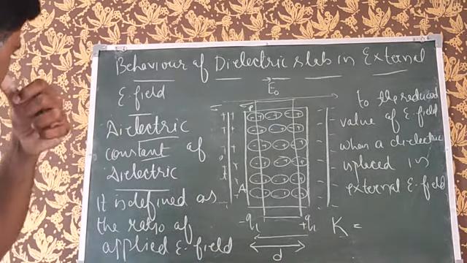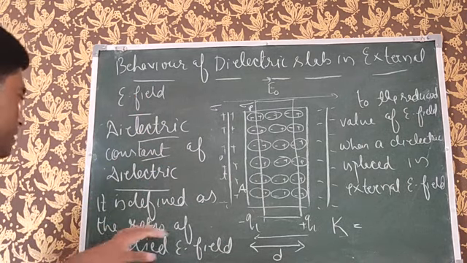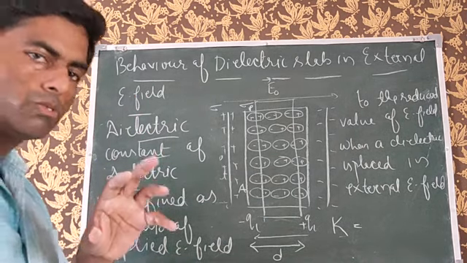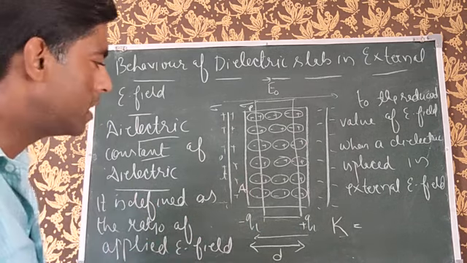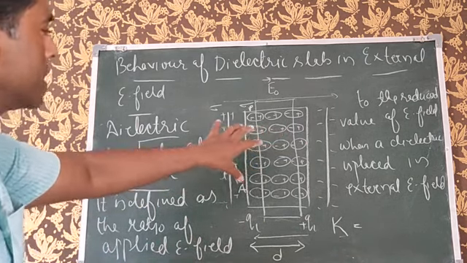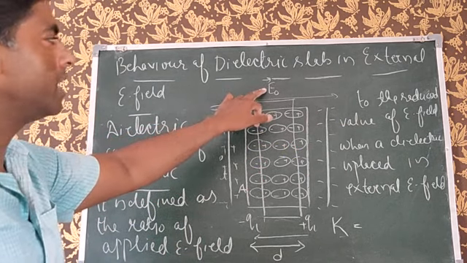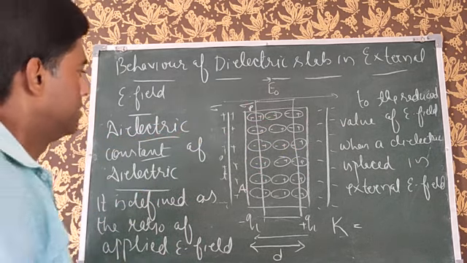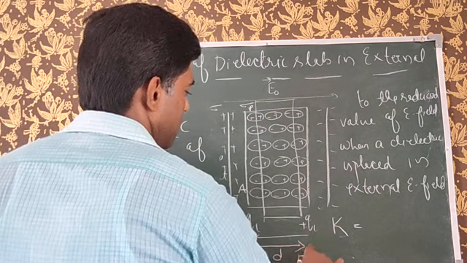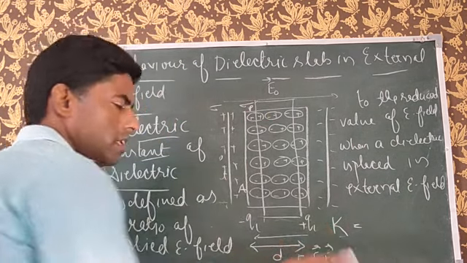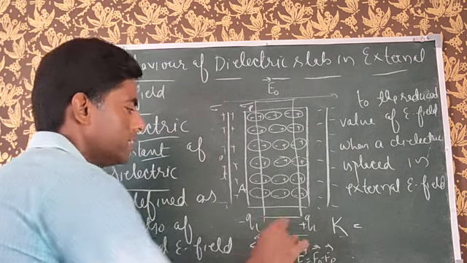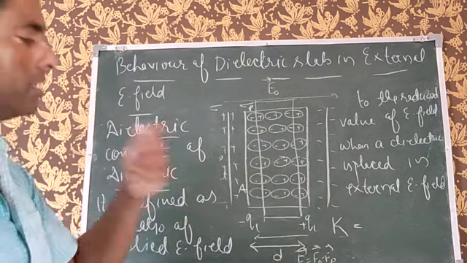So the dielectric constant of a dielectric is defined as the ratio of two quantities. Which two quantities? Applied electric field and reduced value of electric field. Now from this diagram we can see E naught is the applied electric field, and E naught minus EP, which I told you earlier, represents the reduced value of electric field.